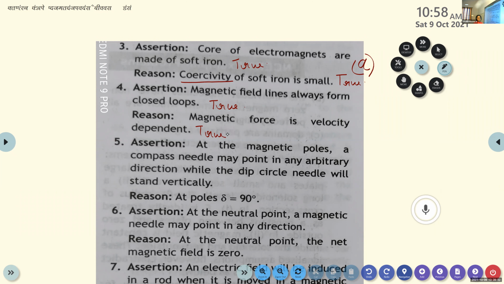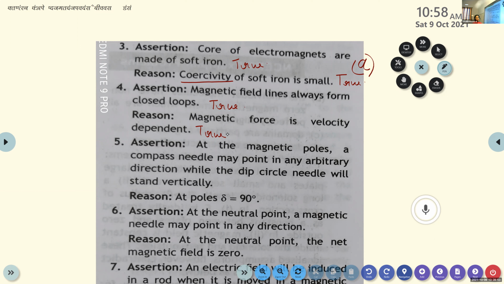Then the next step, check whether the reason is the correct explanation for the assertion or not. Magnetic force is velocity dependent. Is it the correct explanation for the assertion, magnetic field lines always form closed loops?